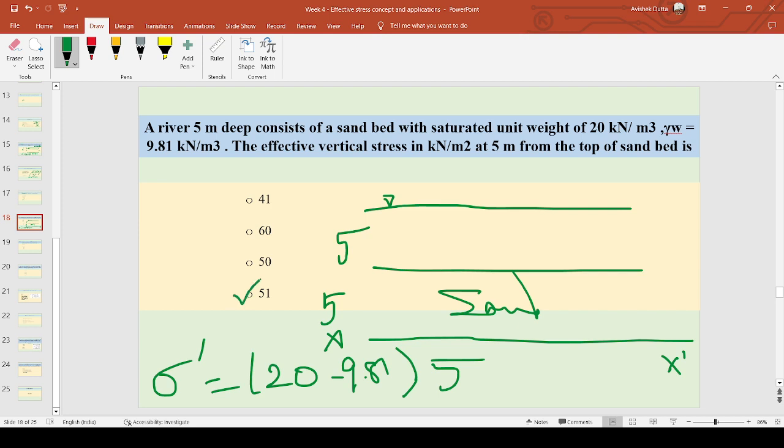So 51 is the effective stress. In this question, we are disregarding the water of the river above the sand because we are asked to find out the effective vertical stress. If it was the total vertical stress, then the water would have been considered and the saturated weight of the sand would have been considered. I hope it was clear.